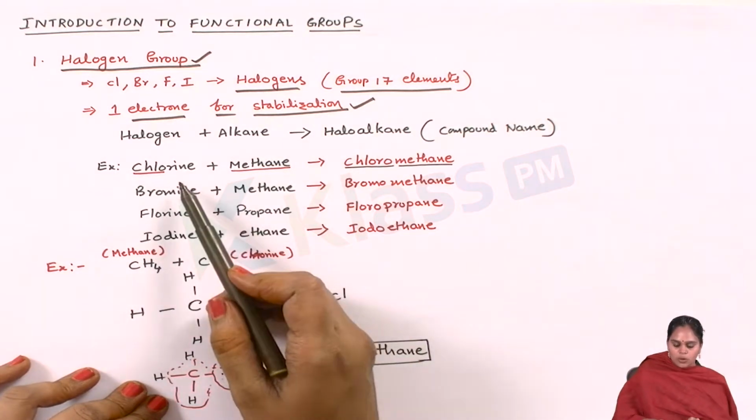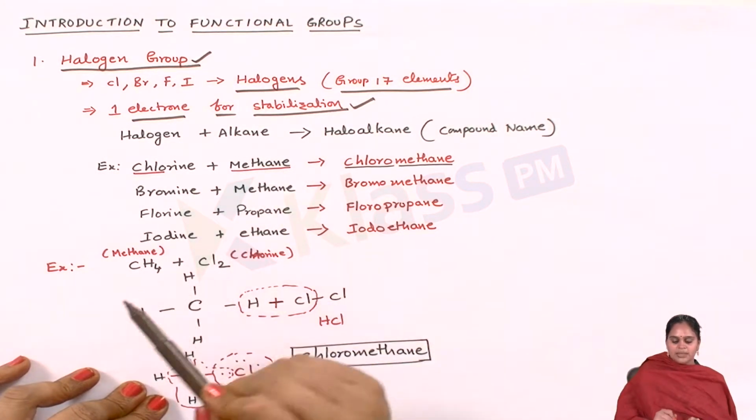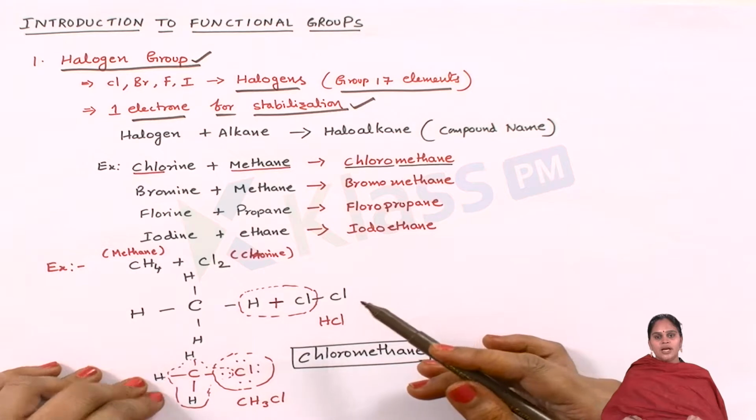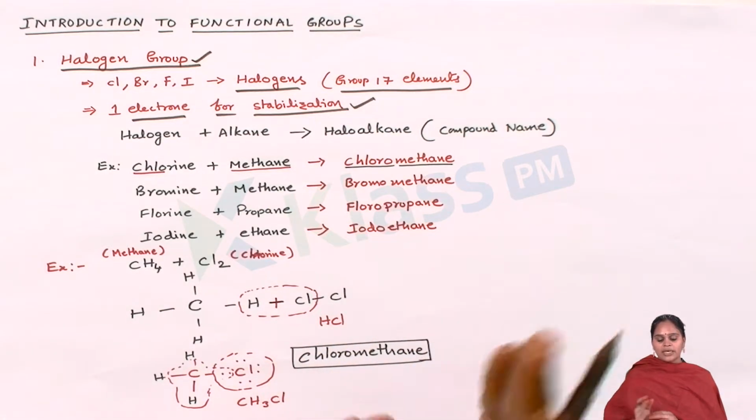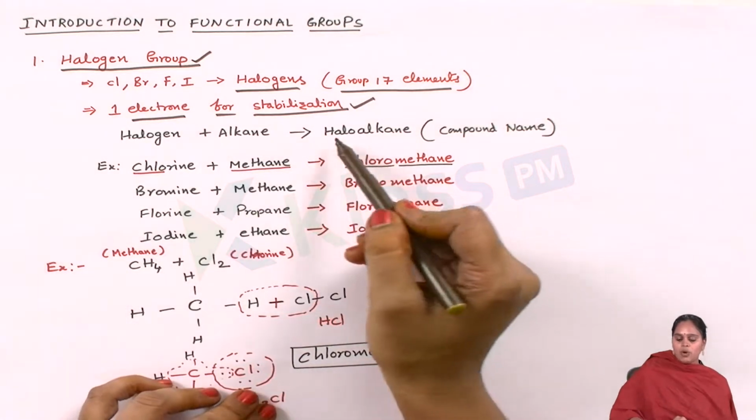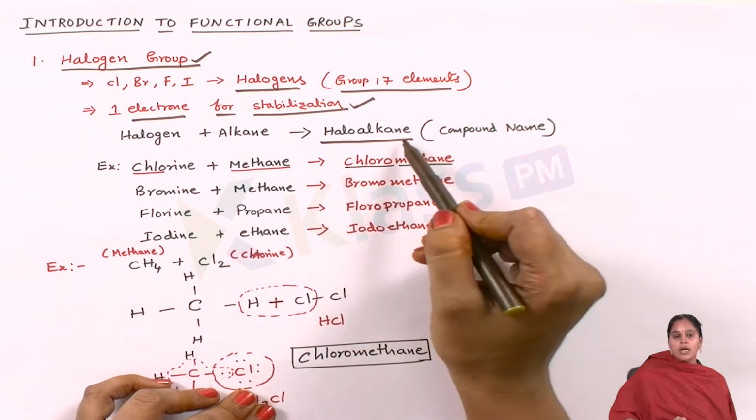If you see this chlorine and methane, we already understood that for stabilization, in the outermost shell they need to have 8 electrons. For all these halogens, they need only 1 electron to get stabilization. So we can consider it as a formula: halogen plus alkane gives haloalkanes. This is the compound name.